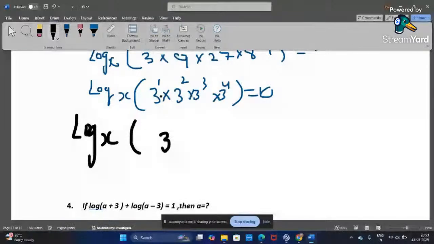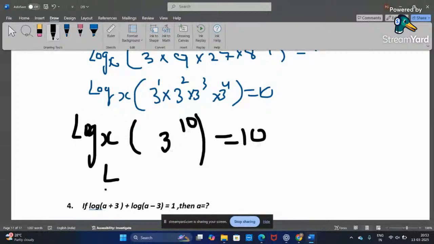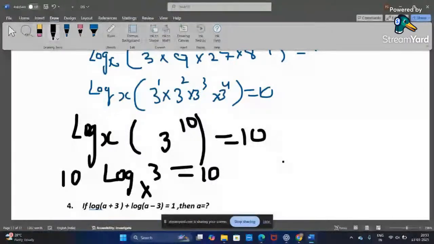When there is multiplication like this, the powers should be added. 1 plus 2 is 3, 3 plus 3 is 6, 6 plus 4 is 10. So this we can write as log x 3 to the power 10 equals 10. Here the x value is 3. This is the answer.